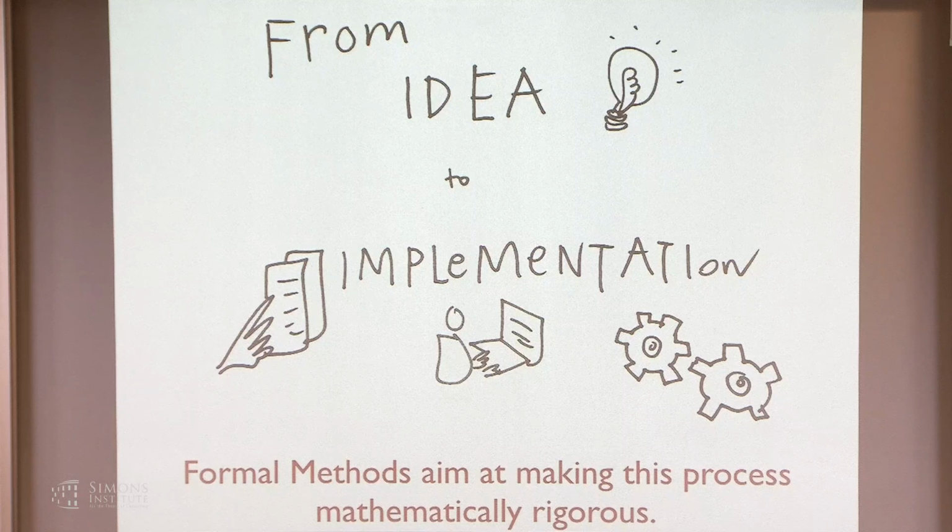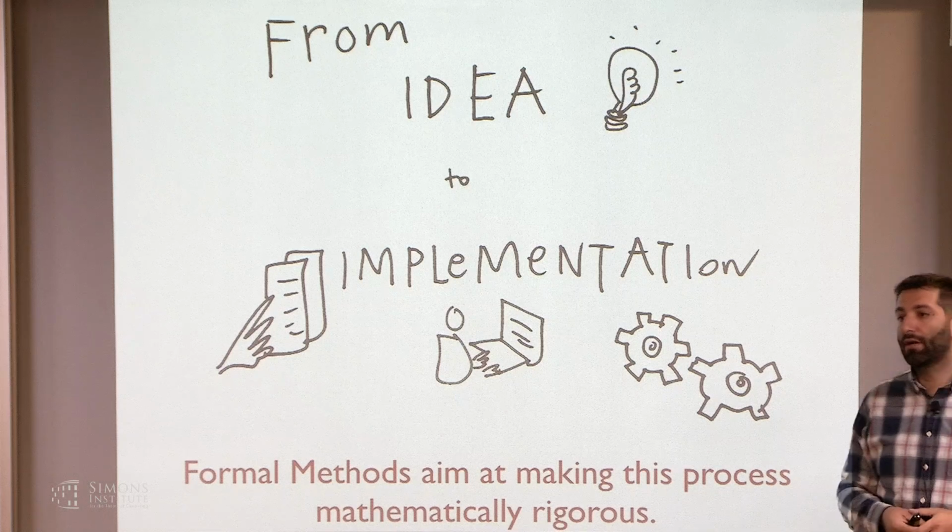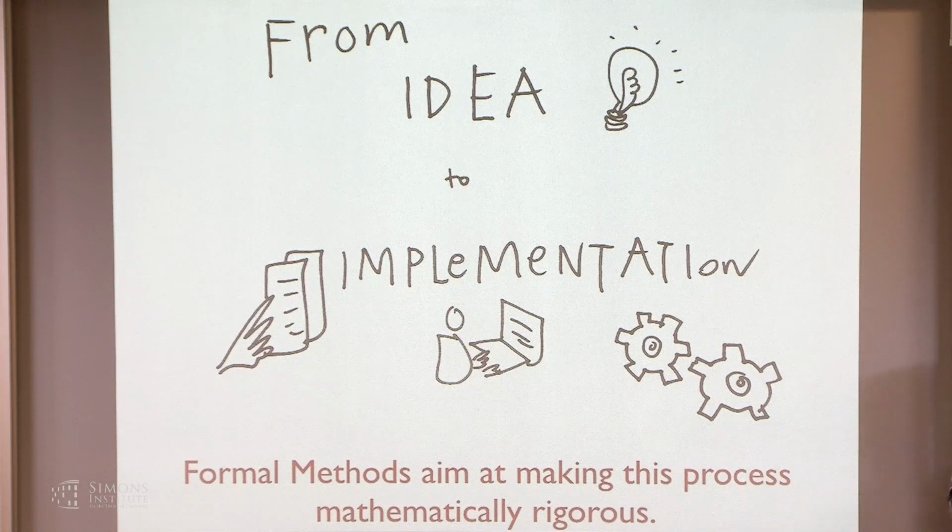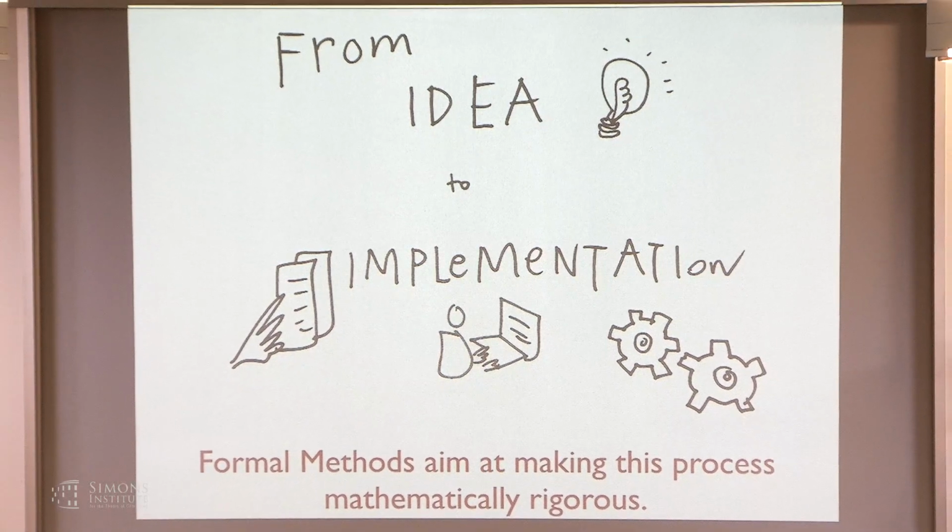As Cynthia was mentioning, the census is going through the effort to implement a theory that we know into a practical application, and we in general want to have some guarantee that this is done in a good way, and formal methods try to make this process as mathematically rigorous as possible.